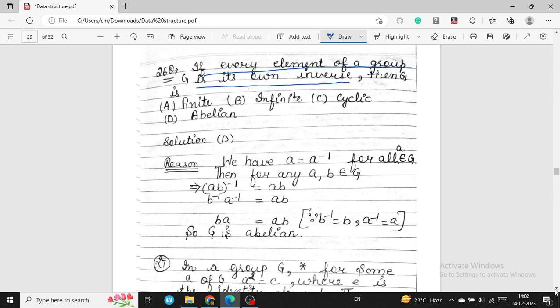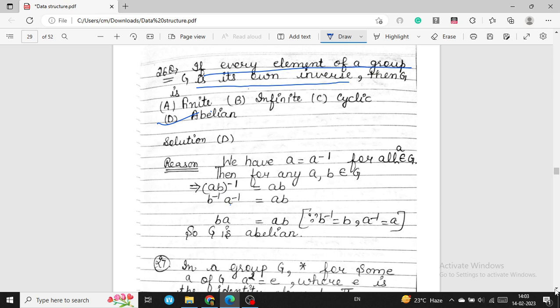And the next question is, if every element of a group G is its own inverse, then G is finite, infinite, cyclic or abelian? That is abelian. We have given A is equal to A inverse for all A belonging to G. Then for any A, B belonging to the group, (AB) whole power minus 1 is equal to AB, because B inverse into A inverse equals AB.